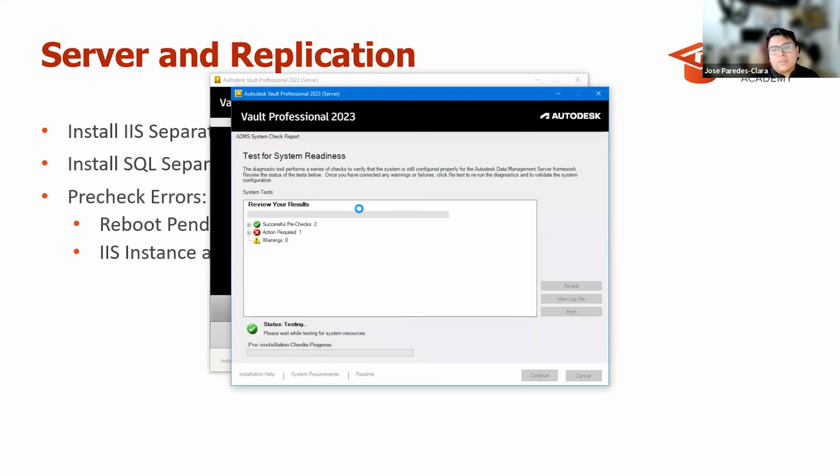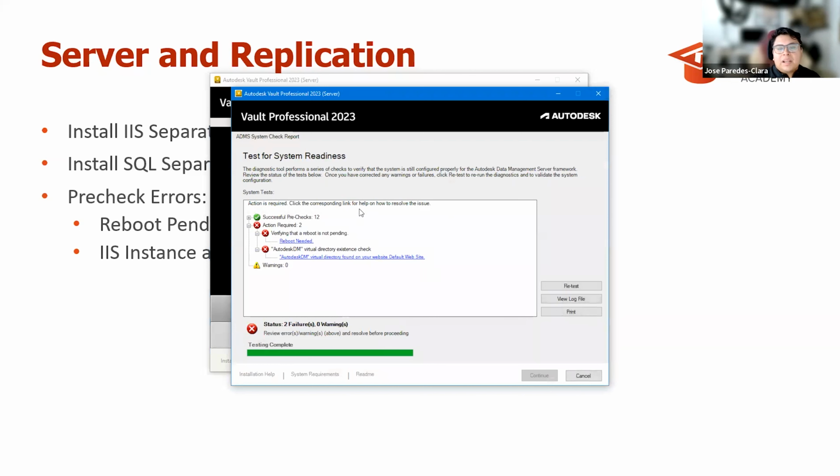Once you hit install, it requires inputting some information and pushing it through. You don't want to go through all that work and then have it tell you things like this, like you need to reboot. Exactly what I was talking about. Reboot needed. If I wanted to get rid of that, I would go into my registry and delete it.